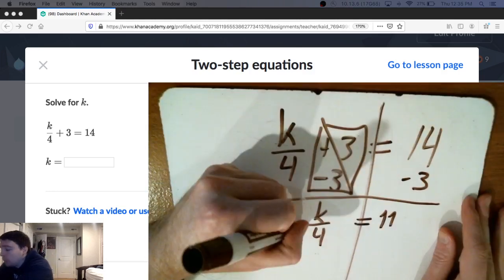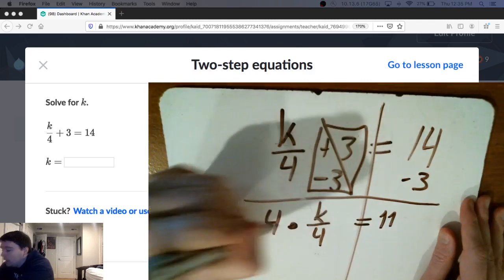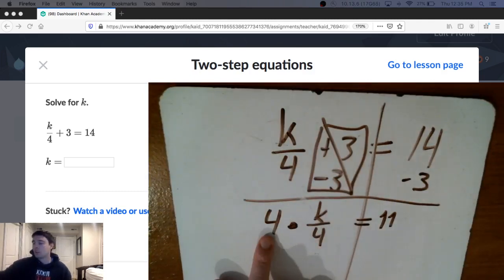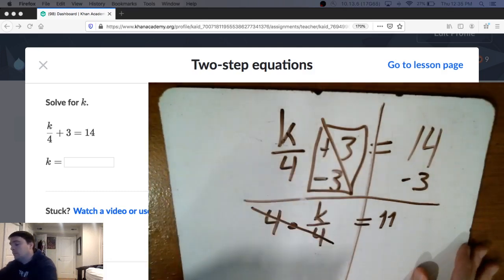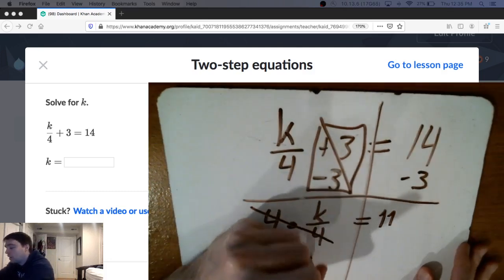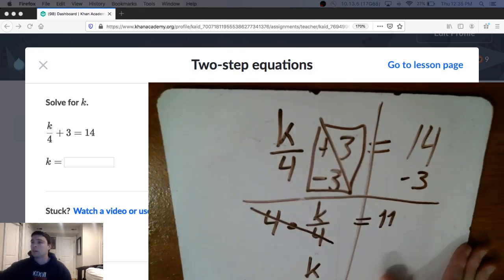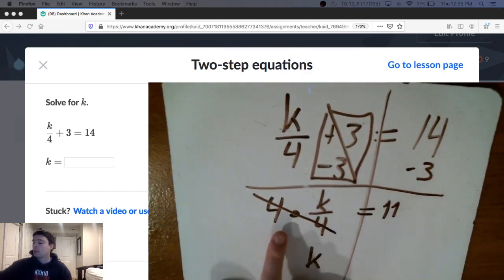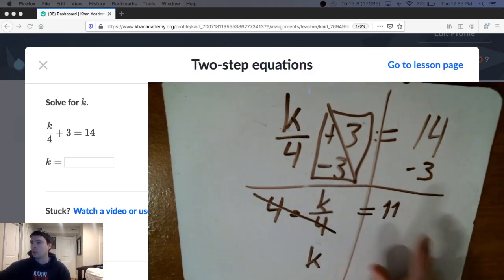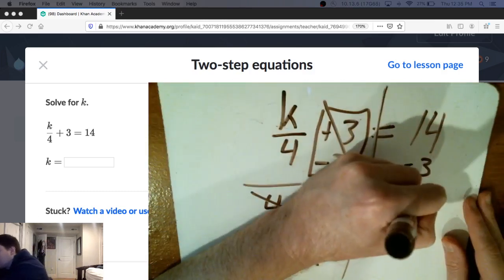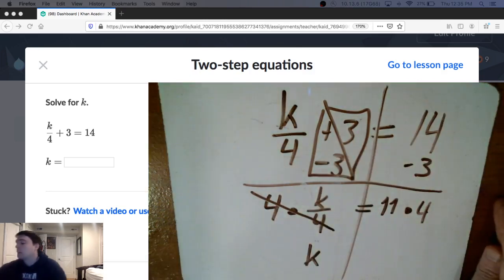So I'm going to multiply by 4, because if I were to multiply the left side of this equation by 4, that would cancel out the divided by 4. The only thing on the left side of the equation would now be the k. But if I multiply the left side of the equation by 4, I need to multiply the entire right side of the equation by 4. So that 11 has also got to get multiplied by 4.